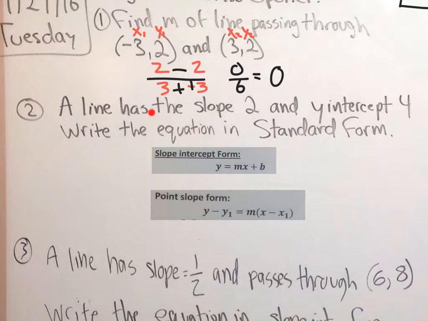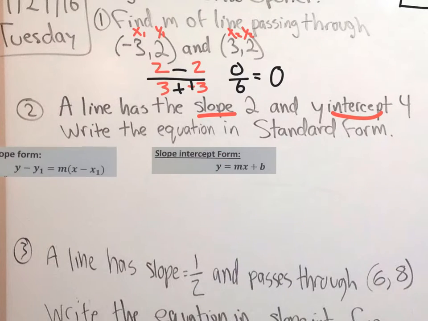And it says a line has the slope. So they give us the slope and they give us an intercept. So what form do you guys think is best to start writing it with? Slope-intercept. If they're giving us a slope and they're giving us an intercept, then let's write slope-intercept form. So let me move this one to the side.